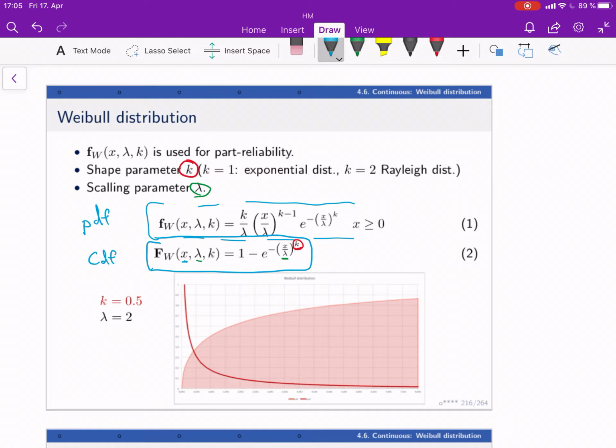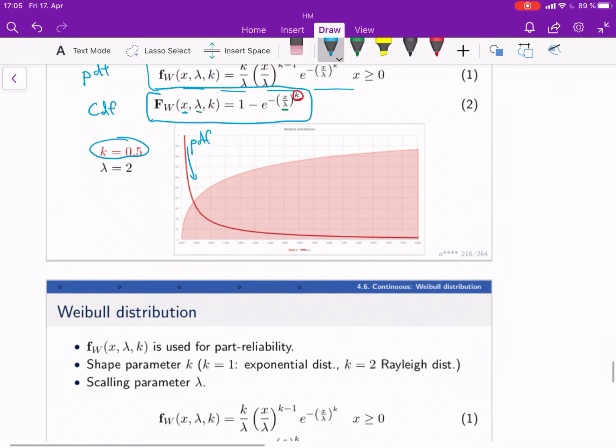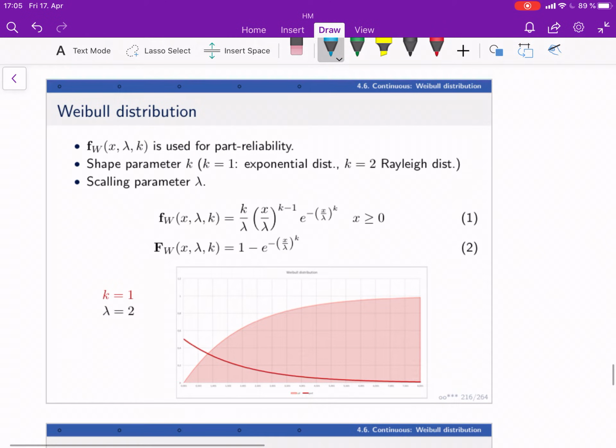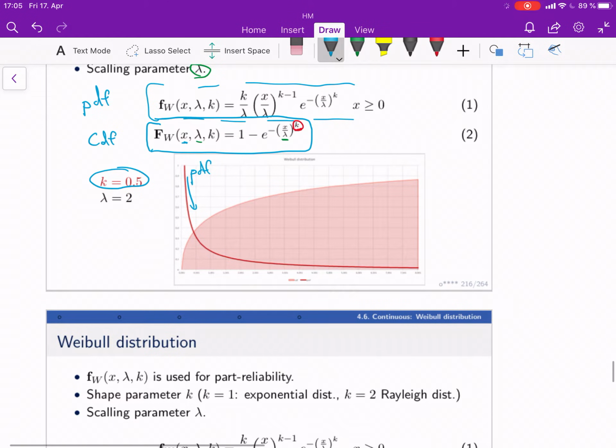So shape parameter 0.5 gives us quite a steep PDF. The PDF goes down really quickly, monotonically falling. For k equals 1, it kind of comes from infinity and comes down.